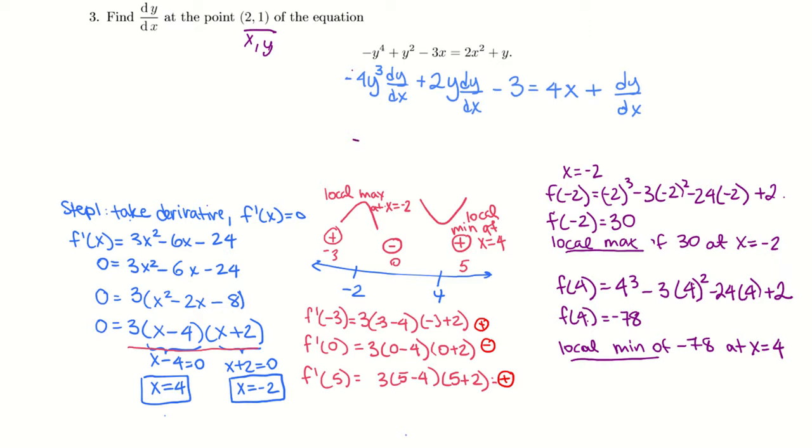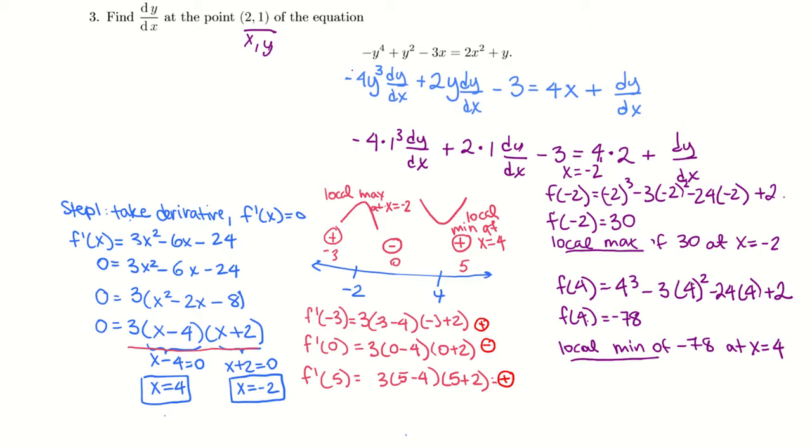That would be negative 4 times 1 cubed dy dx plus 2 times 1 dy dx minus 3 equals 4 times 2 plus dy dx.